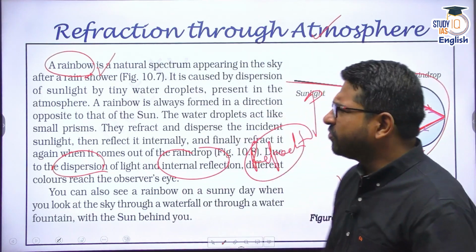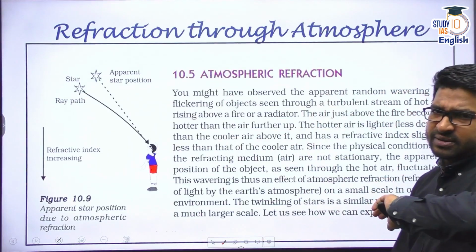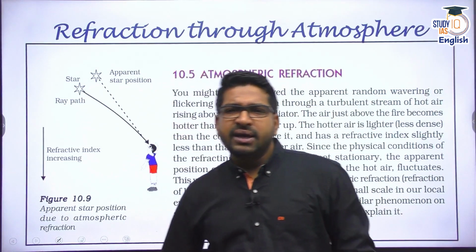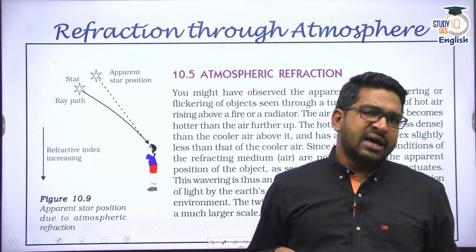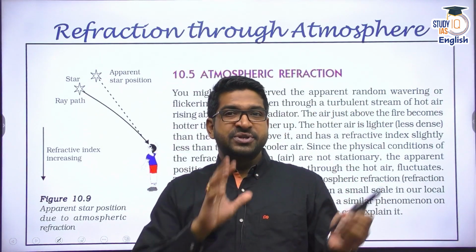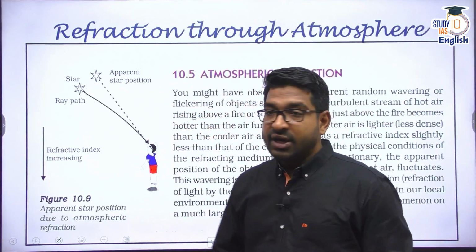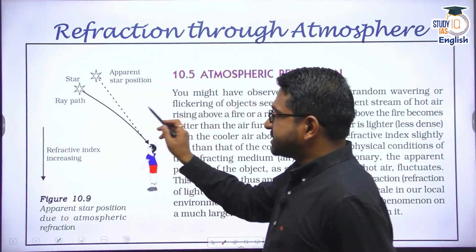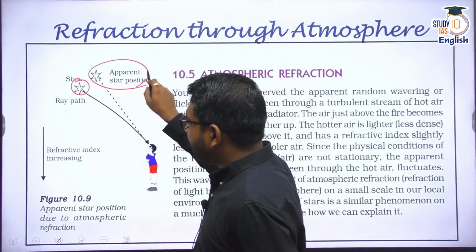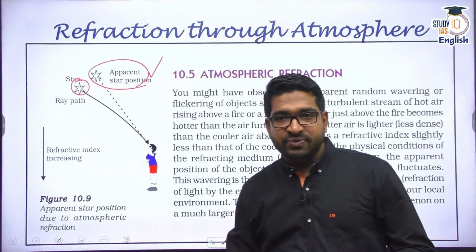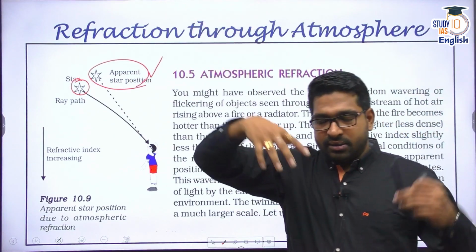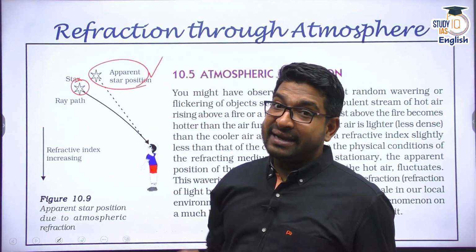Now, apart from rainbow, we see many phenomena in the atmosphere because of refraction. The first phenomenon is the twinkling of the stars, the apparent shift of objects, especially celestial objects. For instance, if I look at a star, we see that the star is in some apparent position. The light has to travel millions of light years from the star, and then it enters Earth.